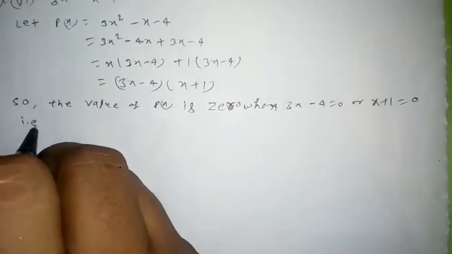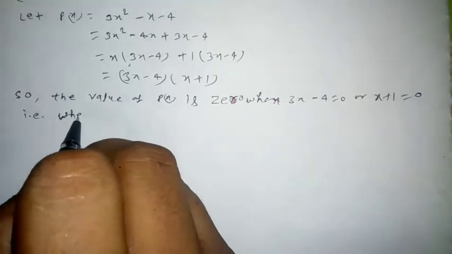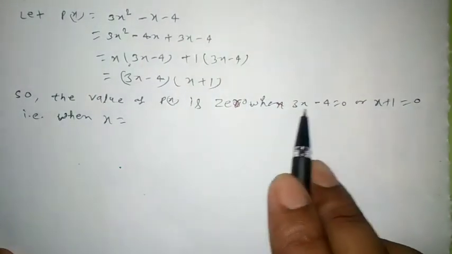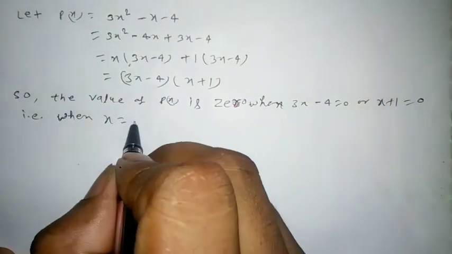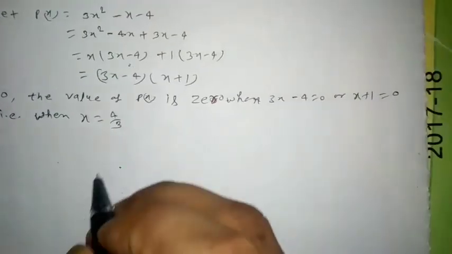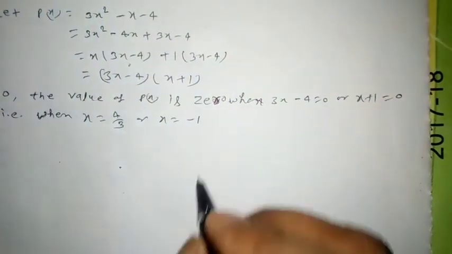That is when x is equal to minus 4 go to other side, plus 4, and 3 go to other side and 4 divided by 3, or x is equal to plus 1 go to other side, minus 1.